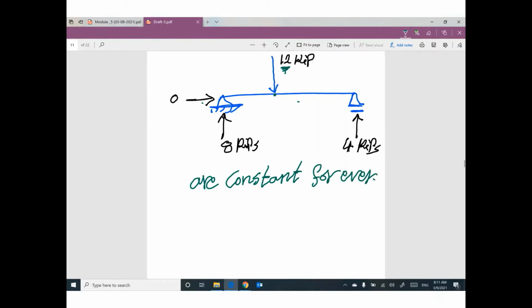I'm sorry, what do you mean by constant forever? I mean the value of this concentrated load, 12, will not change. The location of this concentrated load will be at this specific location, no change. That means this reaction will be 8 and this reaction will be 4 forever. No change.